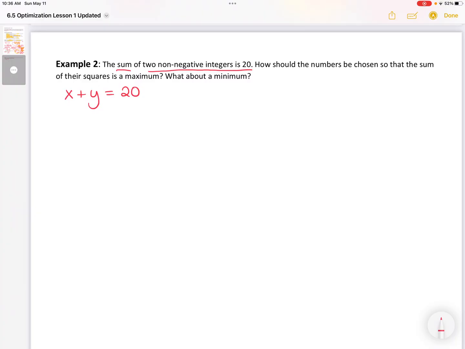I've identified that I've got these two integers. I'm going to go ahead and do my let statements. I'm going to let x be one non-negative integer, and then I'm going to let y be the other non-negative integer.